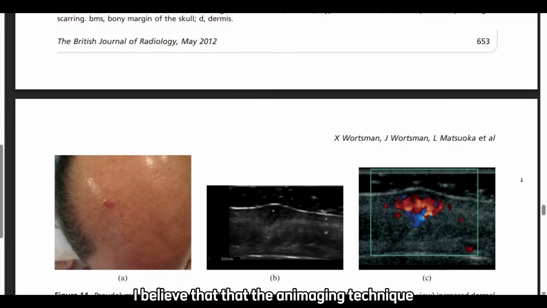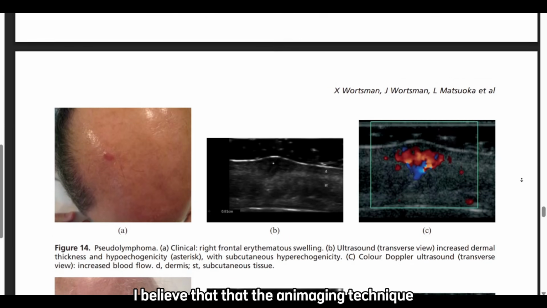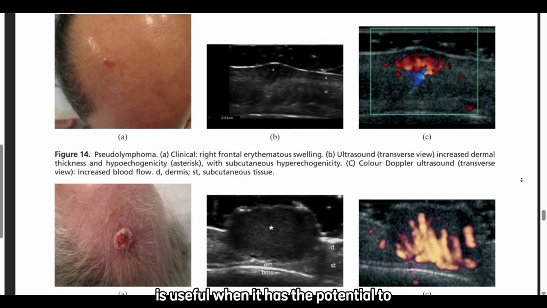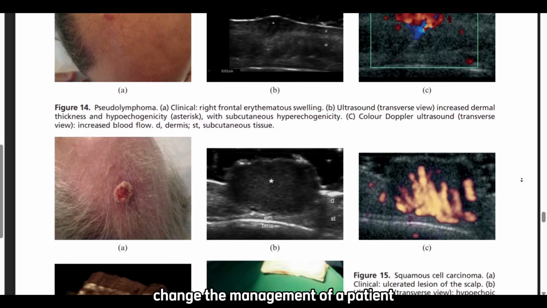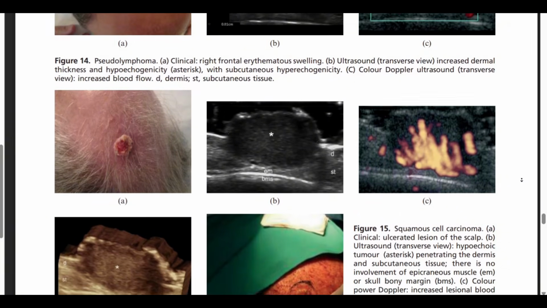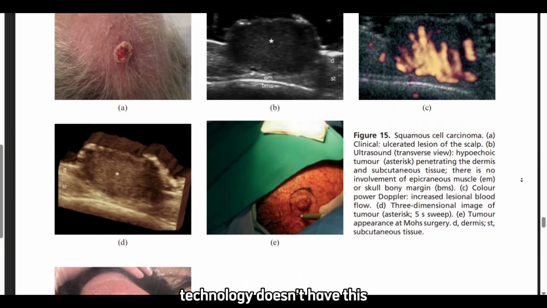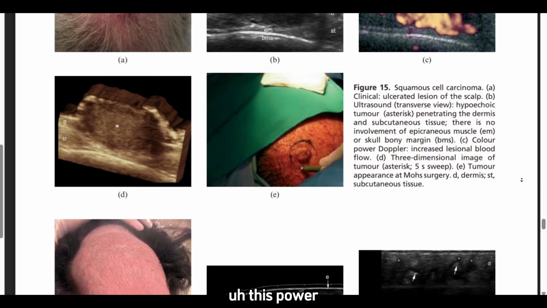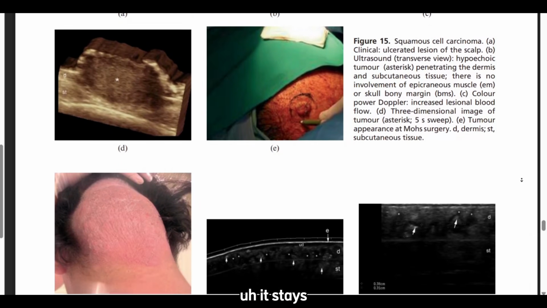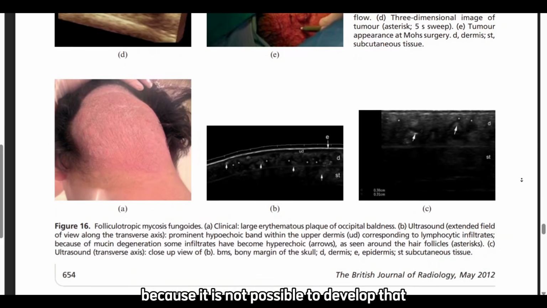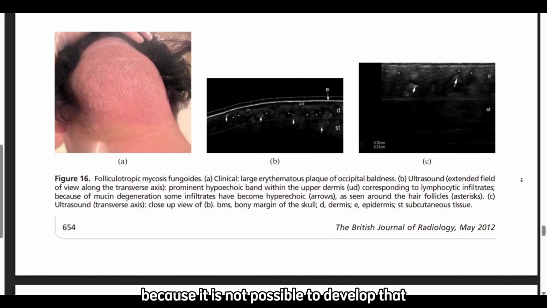I believe that an imaging technique is useful when it has the potential to change the management of a patient. If the imaging technology doesn't have this power, it stays out of the market because it is not possible to develop that.